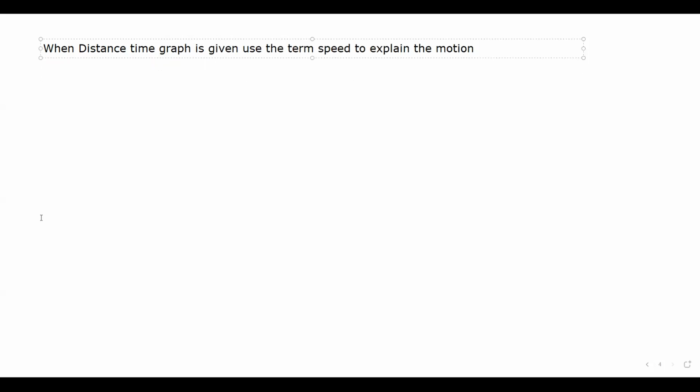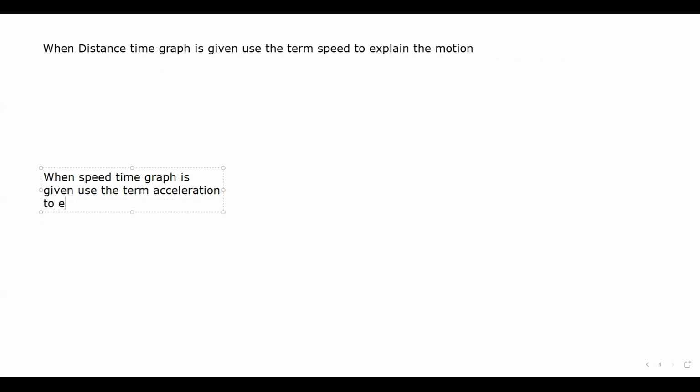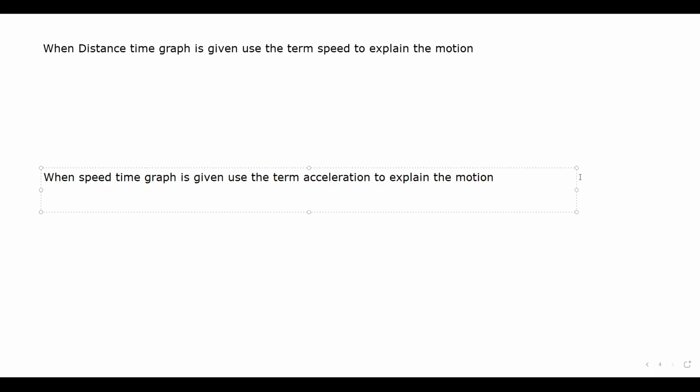And when you have a speed time graph, use the term acceleration to explain the motion. So when a speed time graph is there, we normally use the term acceleration. When a distance time graph is there, we use the term speed to explain the motion.